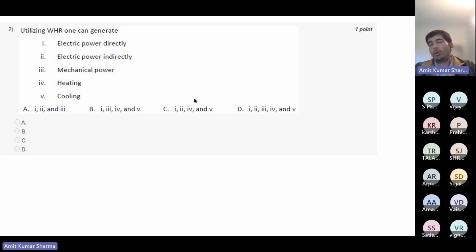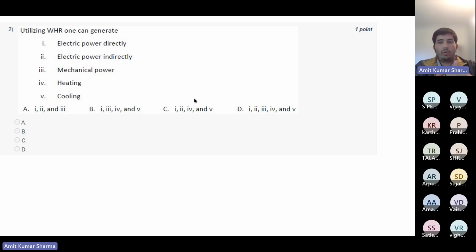No, that is going to be quite difficult, because an automobile is not a stationary system. Normally, if you go for waste heat recovery, one thing you should understand is that it depends on the quantity and quality. If you have waste heat, it doesn't mean that you can always extract it.